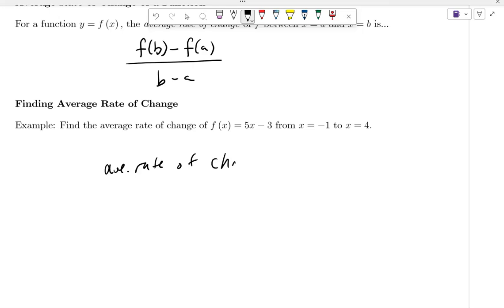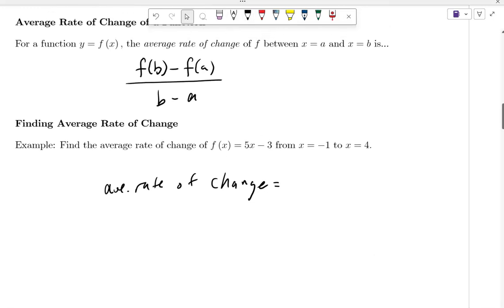So what are we going to do to compute that? What goes in your numerator? You don't have to actually plug it in yet. Just tell me what goes in the numerator according to the formula. Okay, so that's f of 4, right? Okay. Then minus f of negative 1.